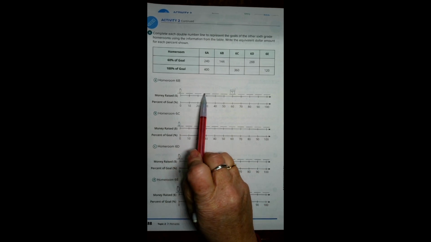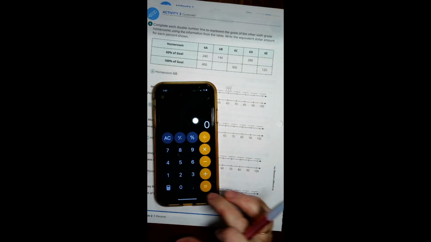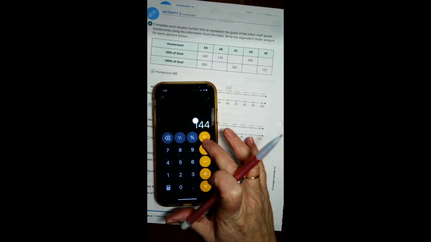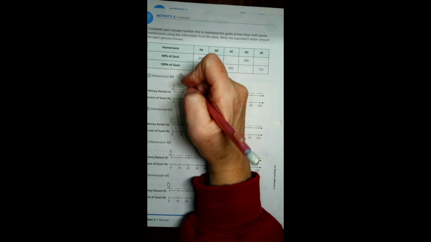So there's 1, 2, 3, 4, 5, 6. So 144 divided by 6 gives us an interval of 24. So it's counting up by 24s.